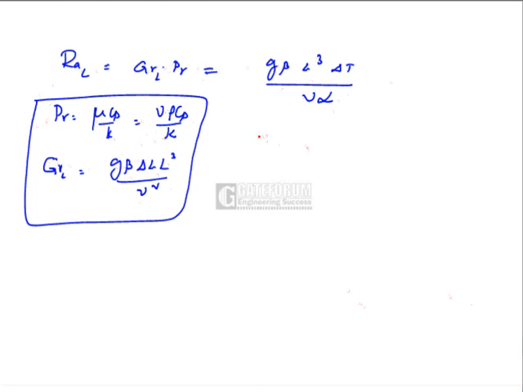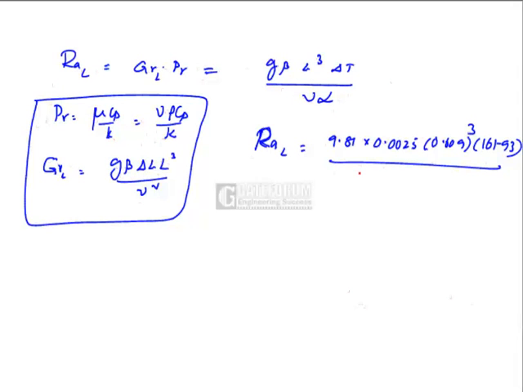Therefore, Rayleigh number is calculated as 9.81 g value, beta is 0.0025, L is 0.609 whole cube, delta T is 161 minus 93, divided by 26.4 into 10 power minus 6, that is nu value.